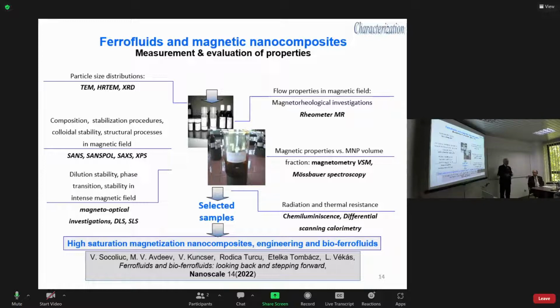Starting with microscopy and various other procedures you can see here, XPS and magneto-optics, ELS, of course, and more advanced structural examination processes like small angle scattering with X-rays or neutrons can also be used in some cases. And of course, magnetics, which is very important, flow properties, magnetorheology, and if you have applications which require it, you have to check the radiation resistance of the ferrofluids.